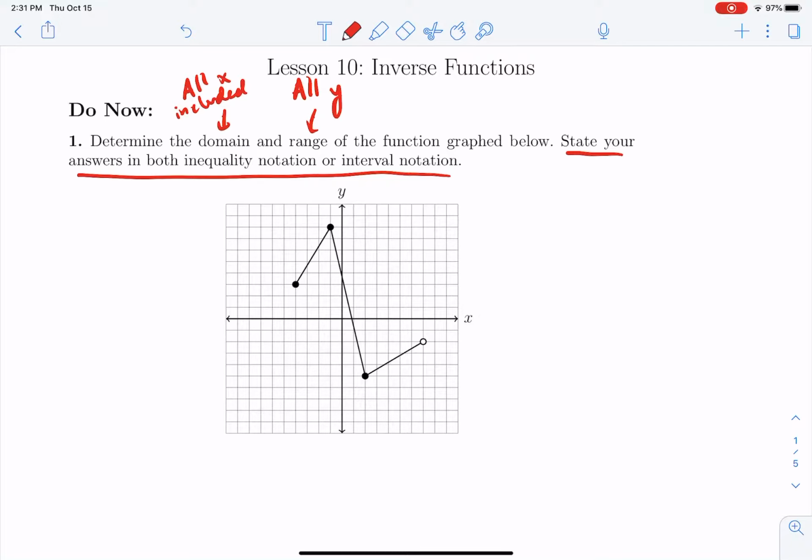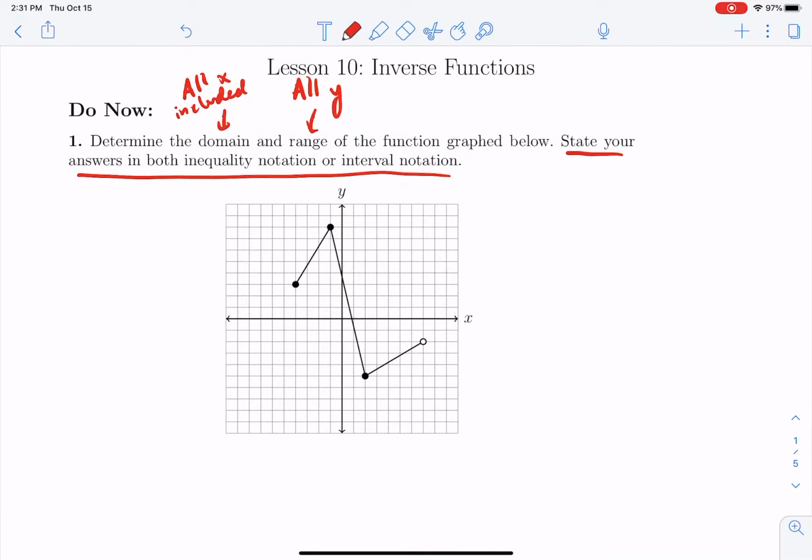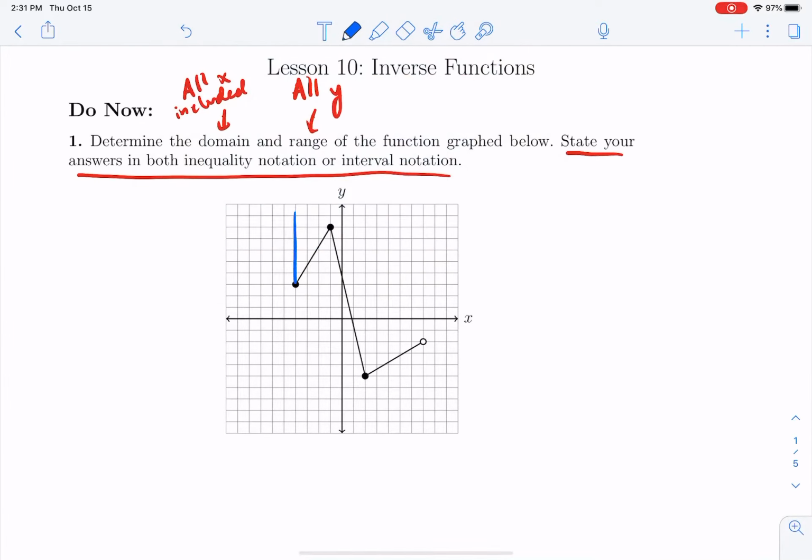Okay, so first let's determine what the bounds of this function are. What are the smallest and largest x values, and what are the smallest and largest y values? Okay, so let's look here. I'm going to draw, for the domain, a vertical line.